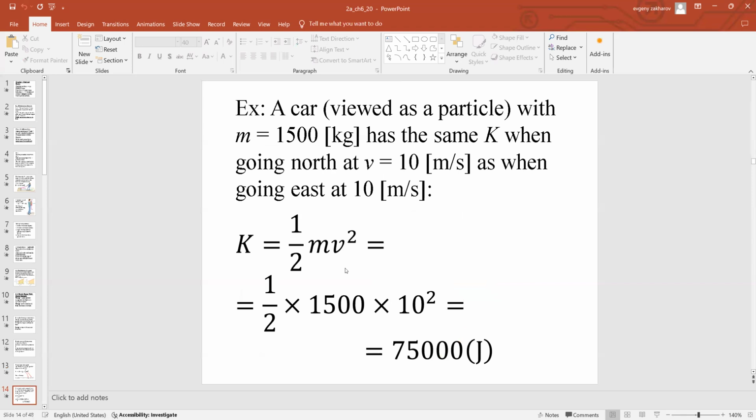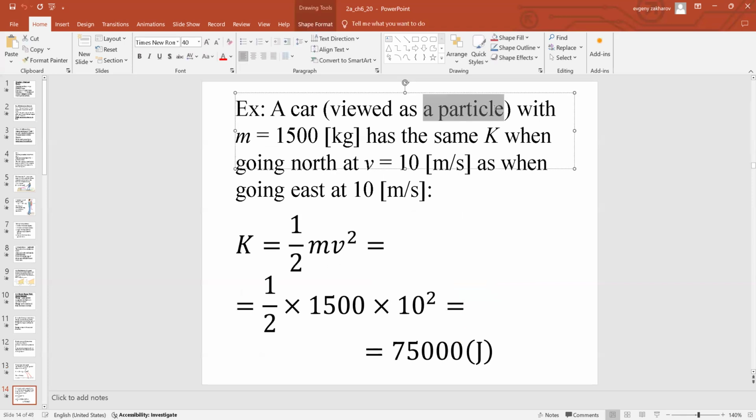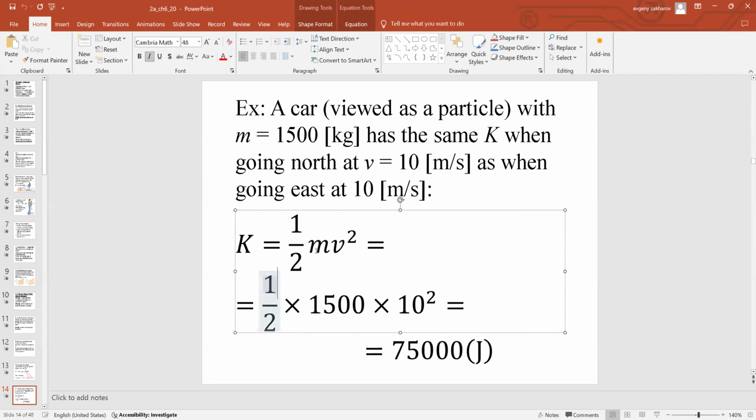So a normal car, remember, everything is a particle with a certain mass. This is about 3,000 pounds, so 1,500 kilograms, going in a certain direction at 10 meters per second. It will have exactly the same kinetic energy going in the opposite direction at the same rate, because it's 1/2 the mass, and whatever the magnitude of velocity is goes squared, and that's it.